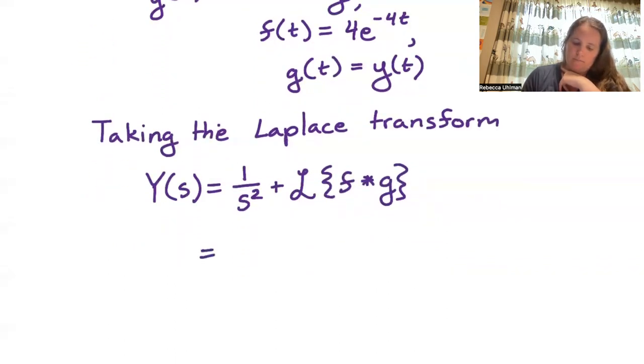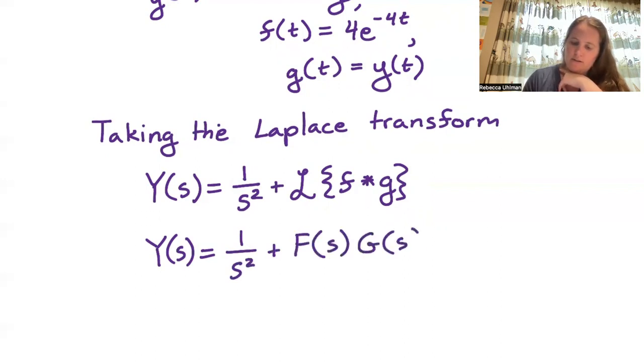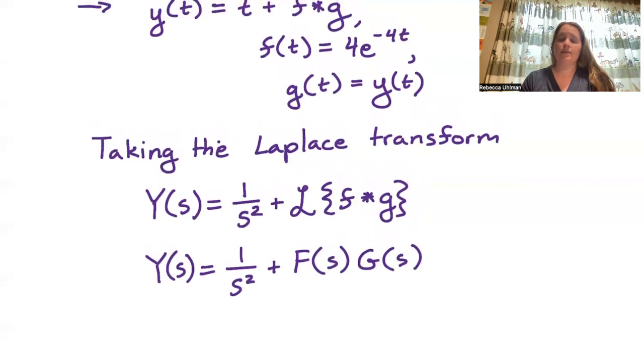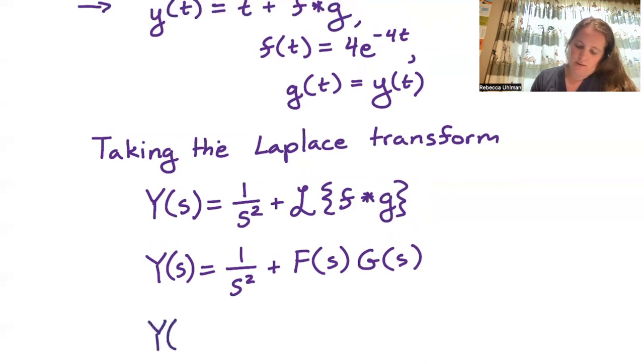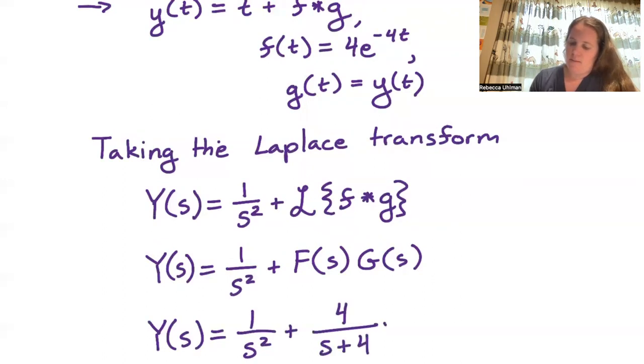So capital Y of s is equal to 1 over s squared plus capital F of s times capital G of s. f of t was 4 e to the negative 4t, so capital F of s would just be 4 over s plus 4. So we have capital Y of s is equal to 1 over s squared plus 4 over s plus 4 times, g of t was just y of t, so capital G of s is just Y of s.